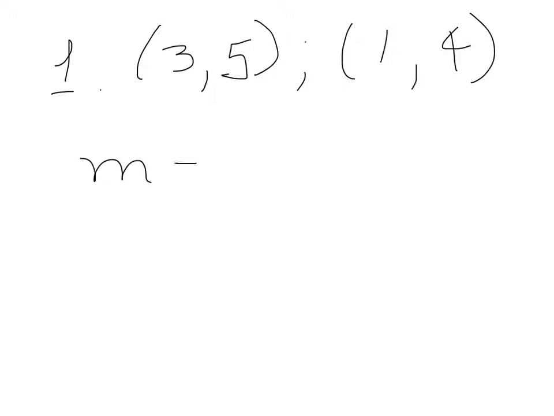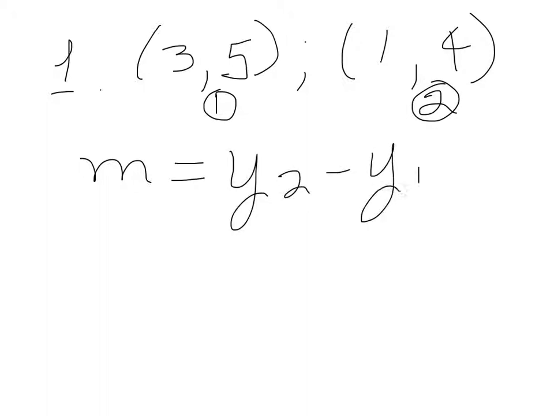Slope is equal to the change in y, or your rise, which is denoted by your y-axis. Let me just do a little note here: we're saying this is point 1, and this is point 2, and we're going to say y sub 2 minus y sub 1 over x sub 2 minus x sub 1.